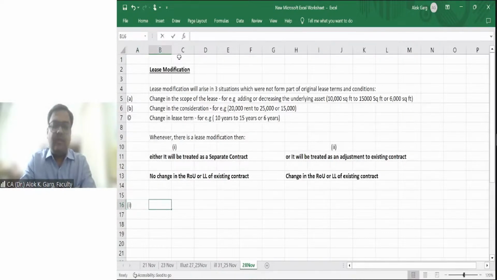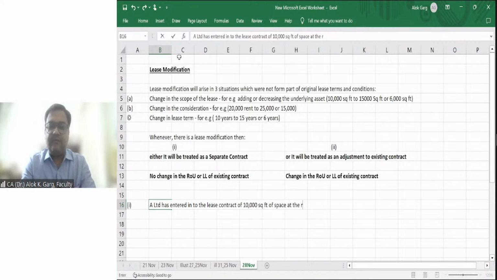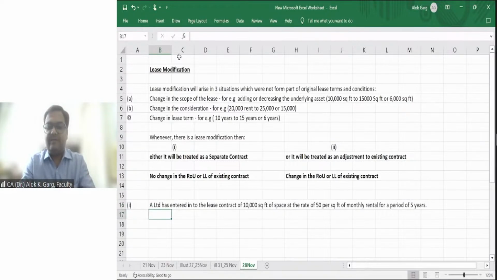A Limited has entered into a lease contract of 10,000 square feet of space at the rate of 50 rupees per square feet monthly rental for a period of 5 years, right?